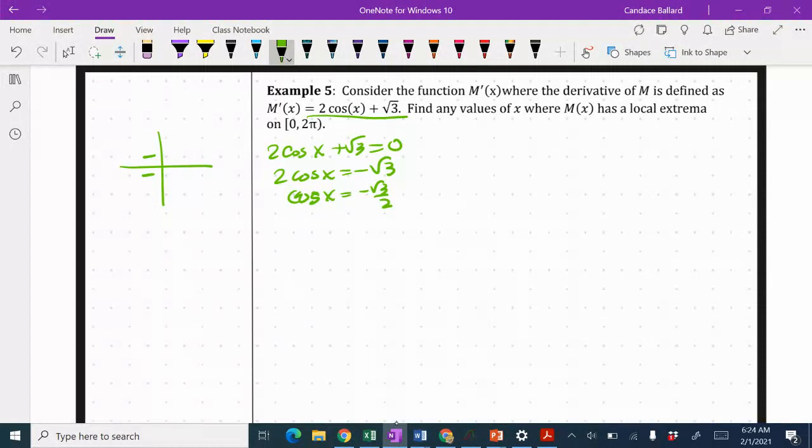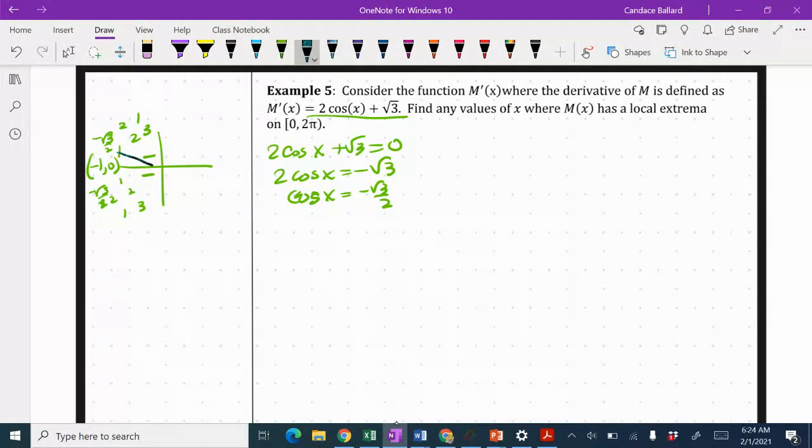I know cosine is negative in quadrant 2 and quadrant 3. So I'm going to look at these values here. I know that this coordinate is negative 1, 0. So I count up 1, 2, 3, down 1, 2, 3. From here, 1, 2, 3, 1, 2, 3. So I'm looking for cosine, the x value, so I'm looking here, negative square root of 3 over 2, and negative square root of 3 over 2. So I just have to figure out what radian measures those are.